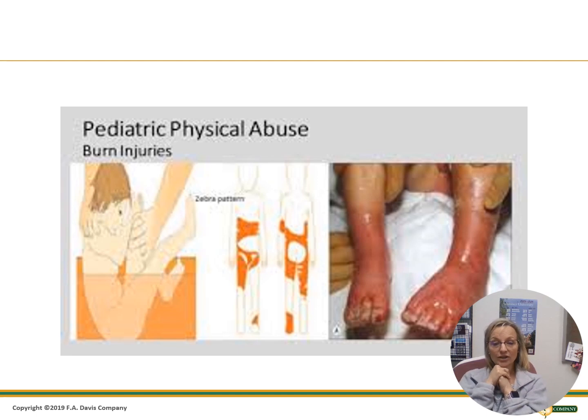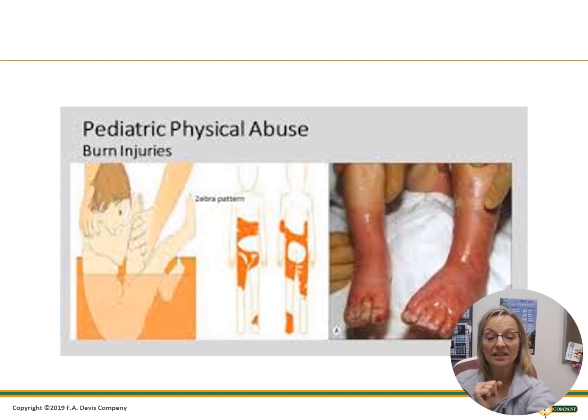The other things that we can see in intentional kid burns, do you see how in that first picture they're holding this baby down on the bottom of the tub? Well, guess what? The bottom of the behind is on the tub floor, so it gets spared. So see in the second picture how the bottom of the behind gets spared.